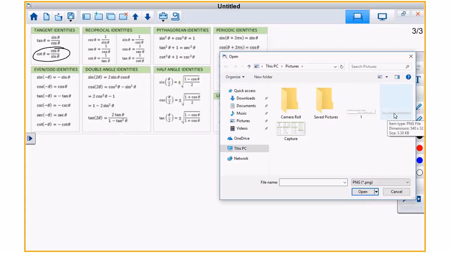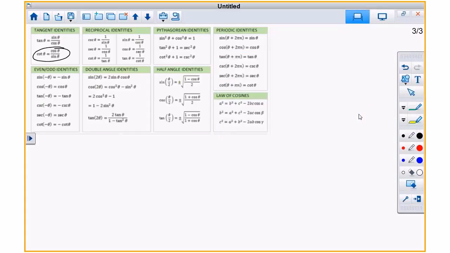I think it was this one, was it not? This one. There we go.